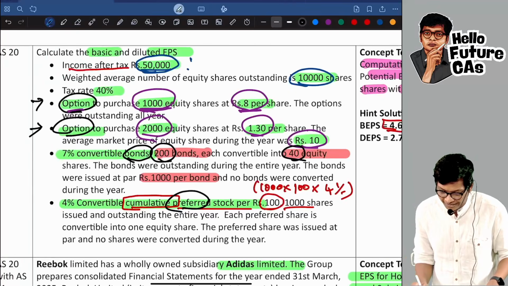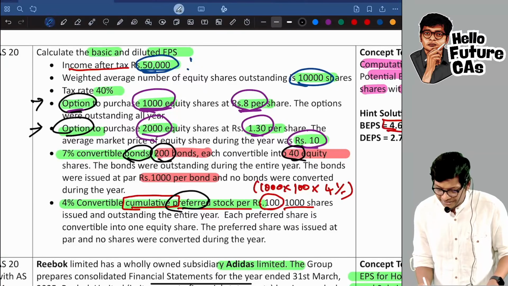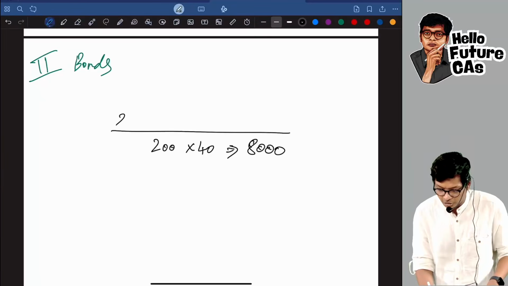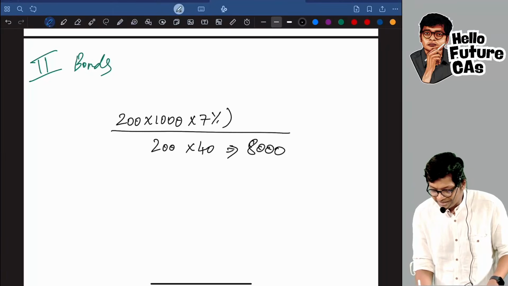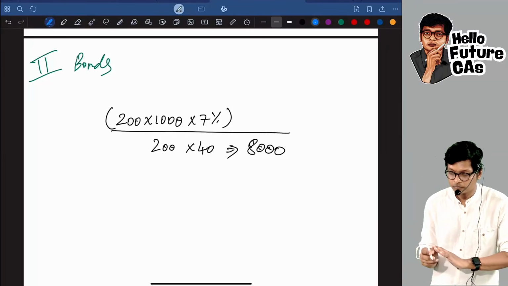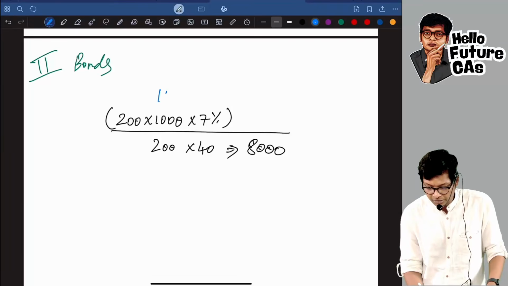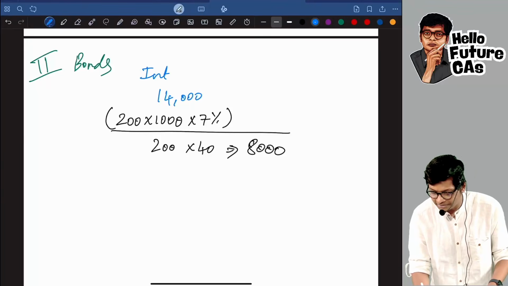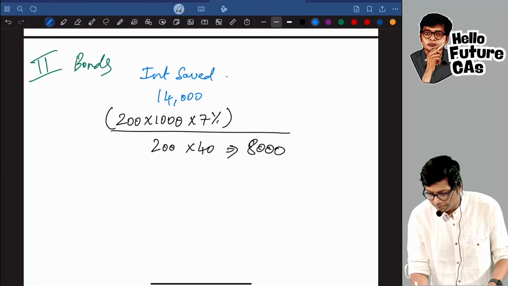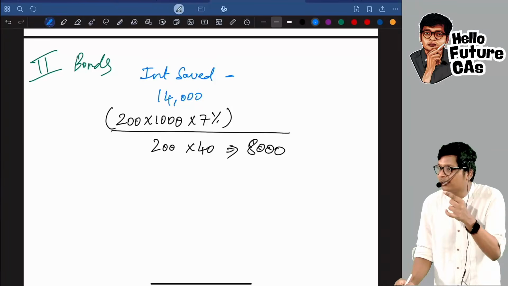What about the numerator? What is the interest? 1000 rupees per bond. Correct? That's 7%. So 200 bonds into 1000 per bond into 7%. What is my interest? 14,000 is the interest you are going to save. Correct? So this is nothing but interest saved minus tax on interest saved.